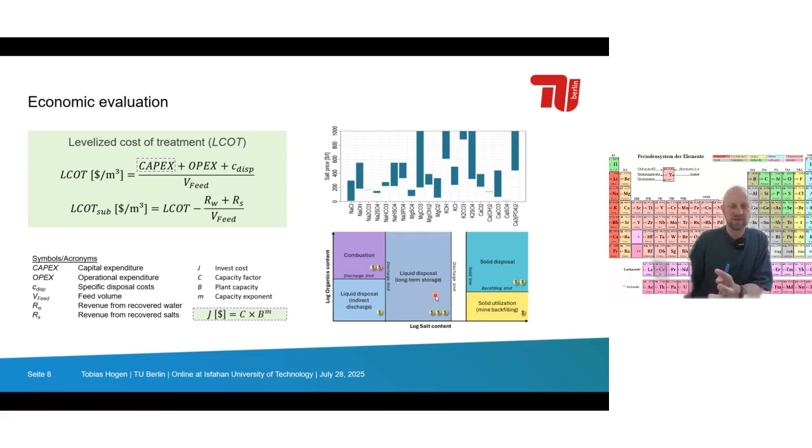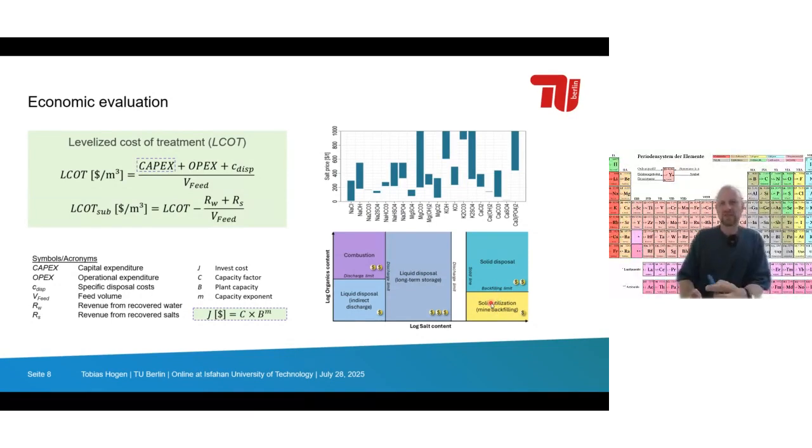If you go on with your concentration, at one step you will cross the solid-liquid line, and you will have a solid residue. And there we see two possible ways. One is the solid disposal on a disposal site, of course. And we have another one, mine backfilling. At least in Germany and some European countries, this is an option.